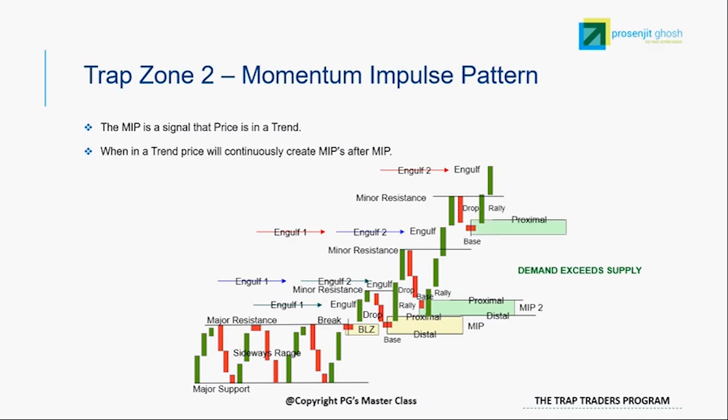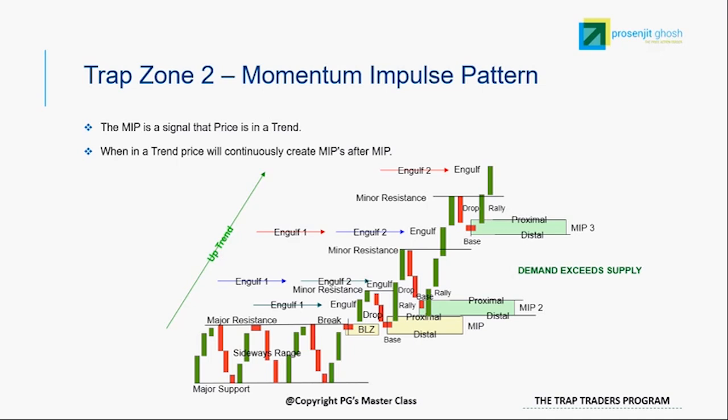So this also in the price chart is known as a MIP. So when price is creating a lot of MIPs, it means it is in uptrend, and it will continue to go up and create this kind of MIPs. In a trend, MIPs do not fail. They do not fail basically.